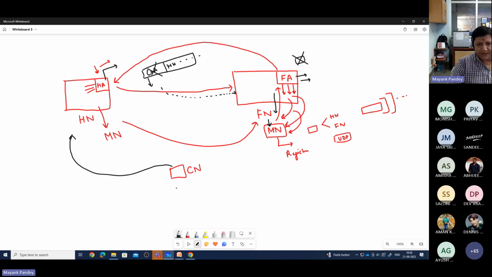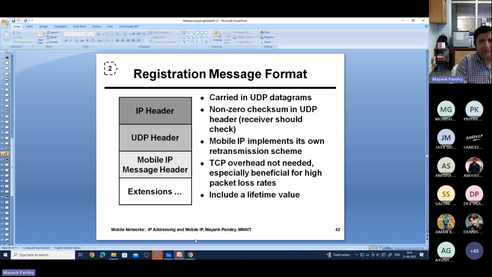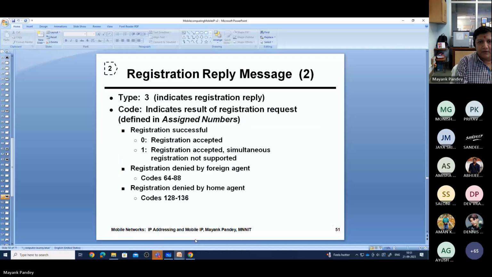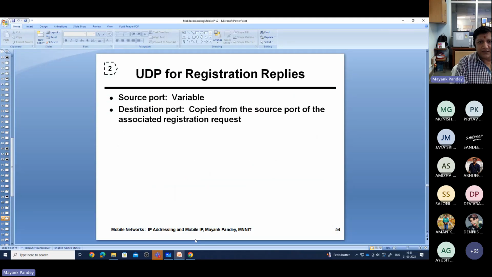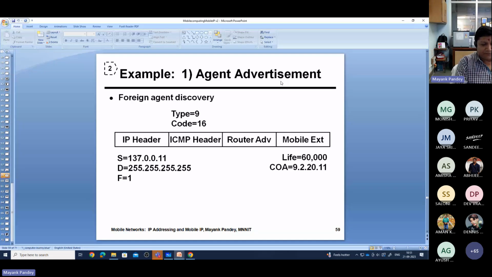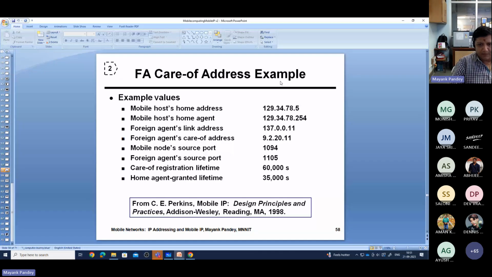If you see the slides later on, there is a detailed example given with IP addresses and everything, of registration, registration reply and everything. This is a detailed example where the foreign agent is the care-of address. I've taken this example from the Perkins book.